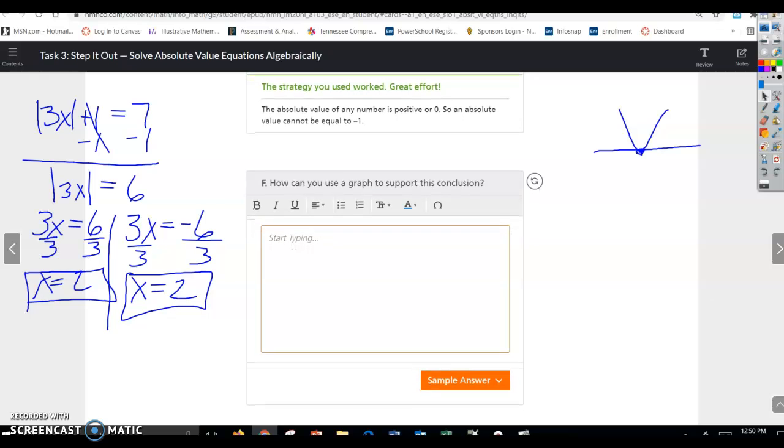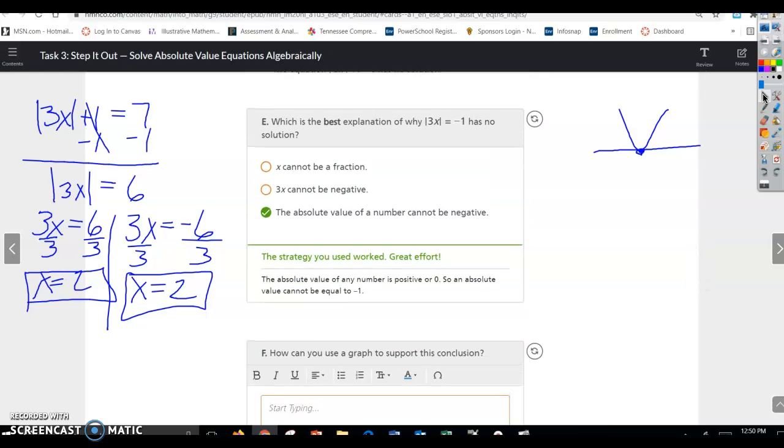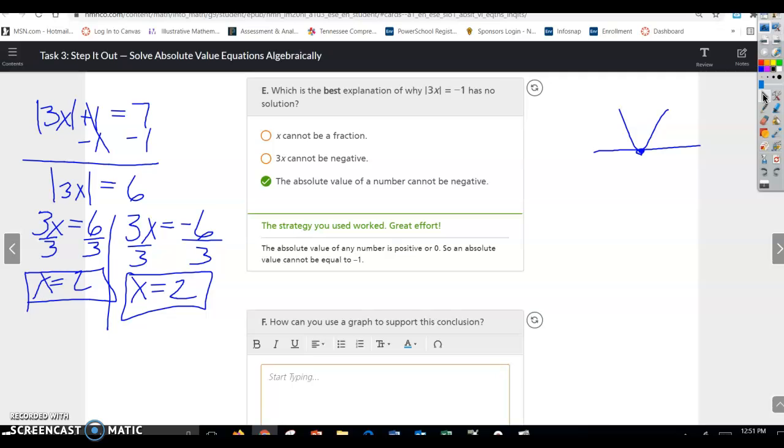How can you use a graph to support your conclusion? All right, so if I want to graph something to support this conclusion, I know that the absolute value is a V-shaped graph.